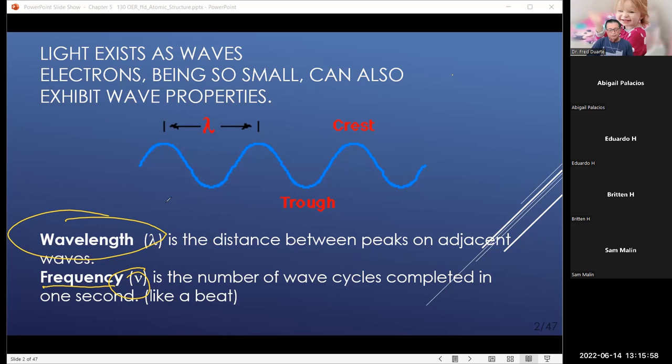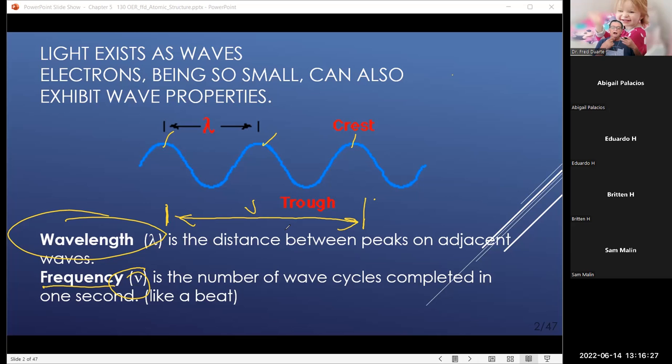Let's say, for example, from this point to this point is generally 1 second. So the question is, how many wavelengths? We have 1, 2, and 3 wavelengths occurring within that time, 1 second. That is called the frequency.